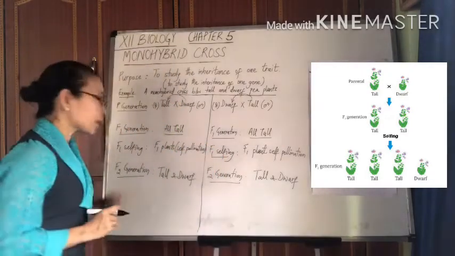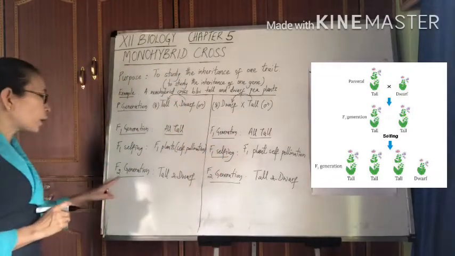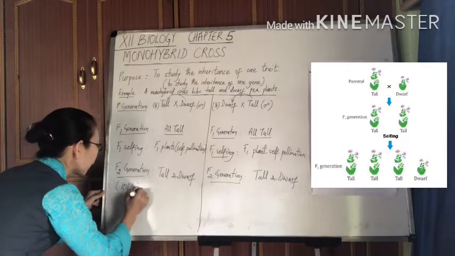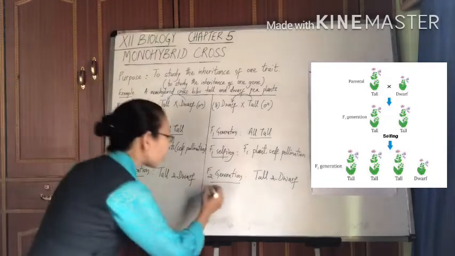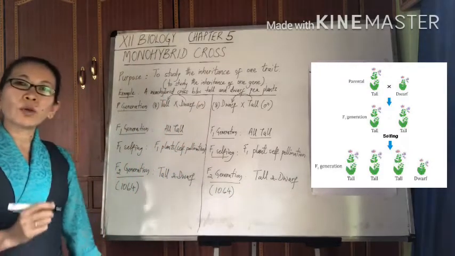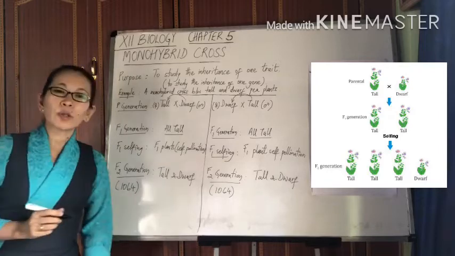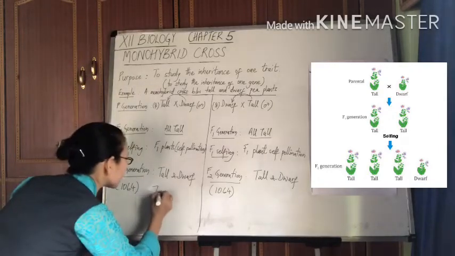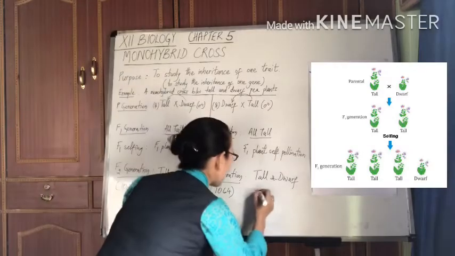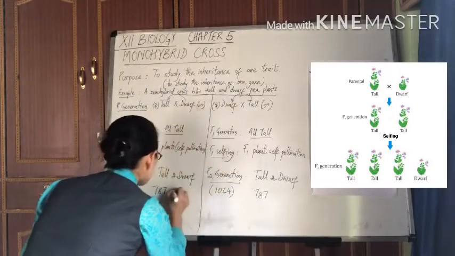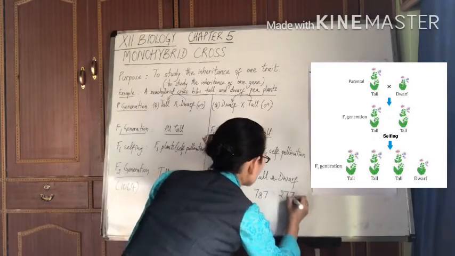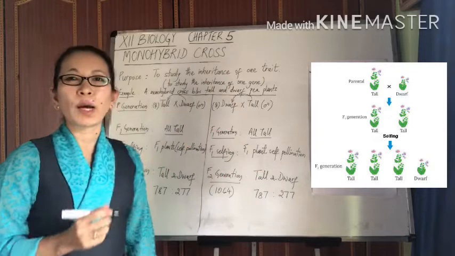So in this experiment, he actually obtained 1064 F2 plants, and out of the 1064 total F2 plants, he noticed that 787 plants were showing the tall character, whereas the remainder 277 of his F2 plants had dwarf height.